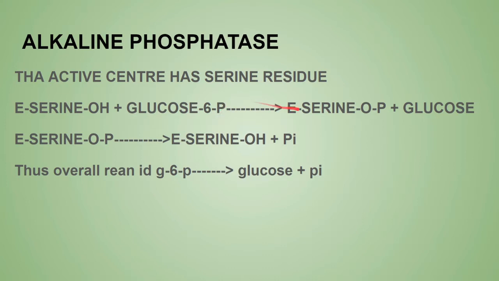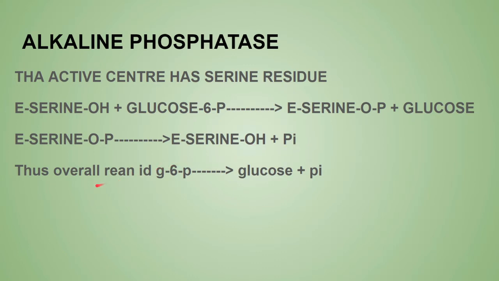What will happen? The enzyme substrate complex will form, that is E-serine O-P, and glucose will form. This will undergo breakdown and form E-serine OH, meaning we get the enzyme back again just like the previous one, and the phosphate group will be released from this E-serine OH.